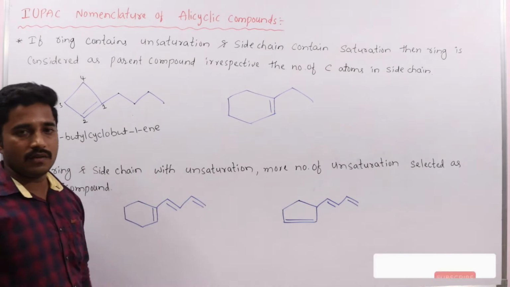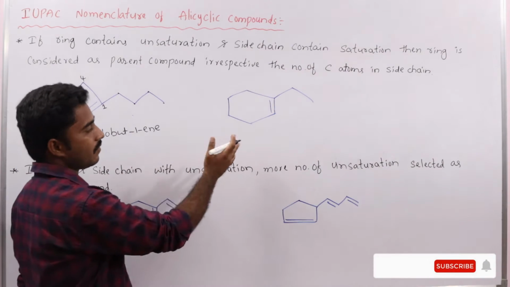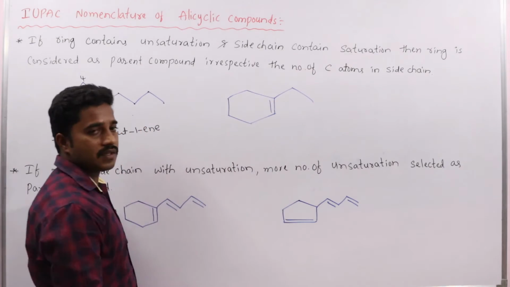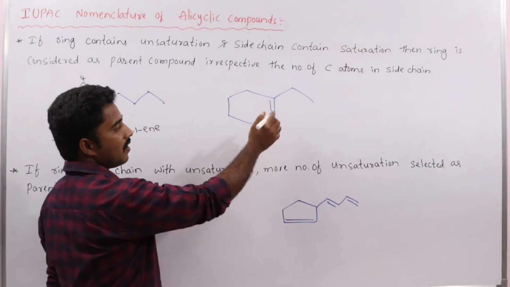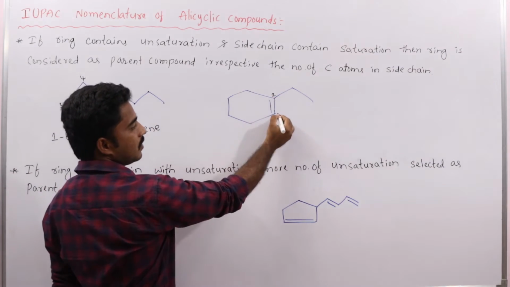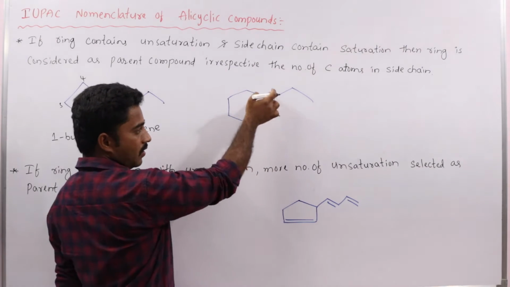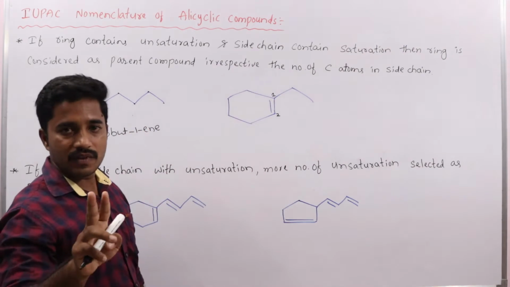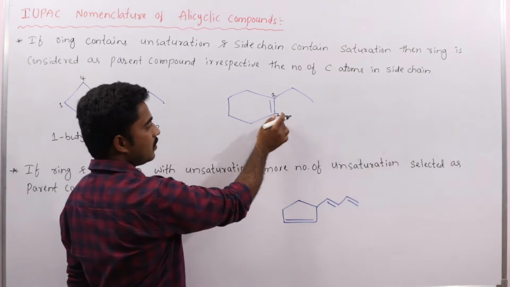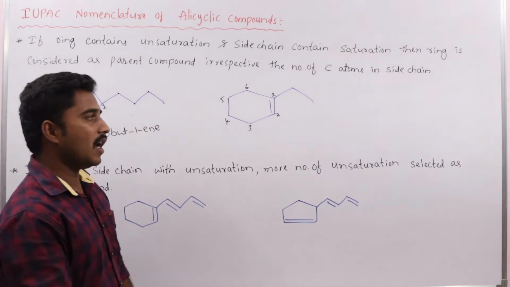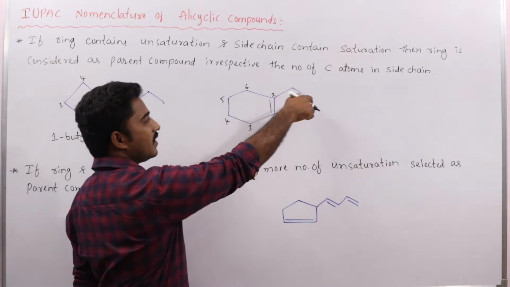So let us see this molecule. A similar type of compound here. The ring contains unsaturation, the side chain is saturated. So in this one, we give the numbering like this: 1, then this carbon is 2, not this carbon, because the double bond should be between consecutive numbers. 1, 2, 3, 4, 5, 6. At the first position, an ethyl substituent is there.